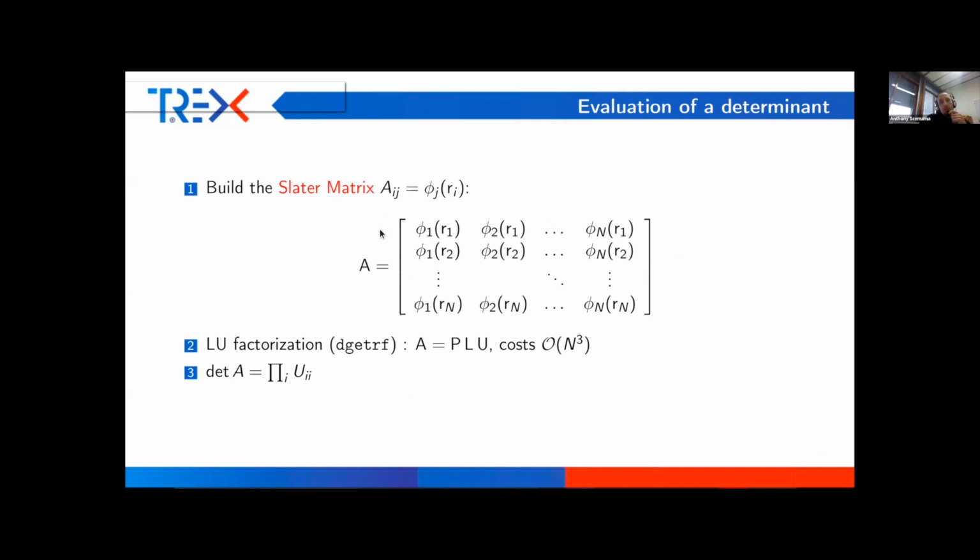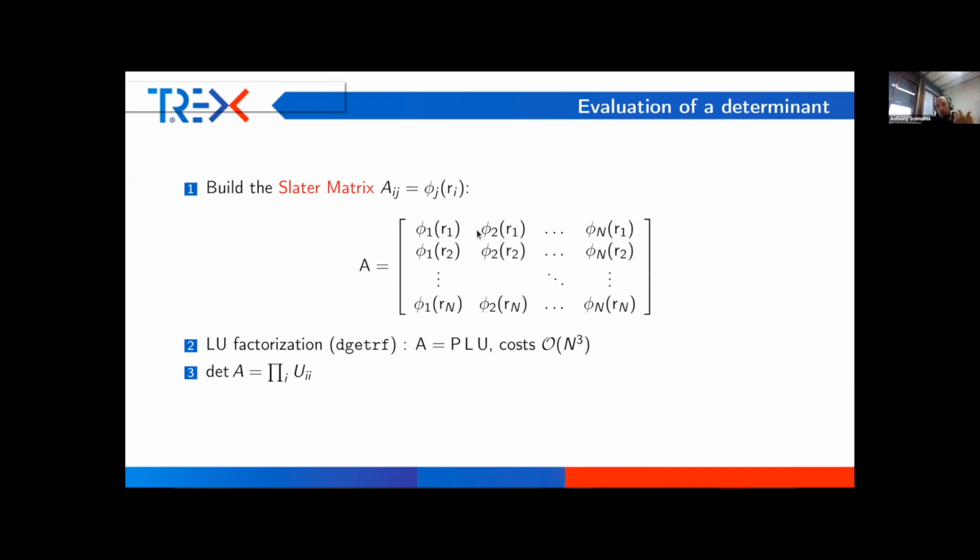So how do we compute the determinant on the computer? When you don't have any information and you have just a matrix with numbers, the standard method is to do an LU factorization, and then you can compute easily the determinant.